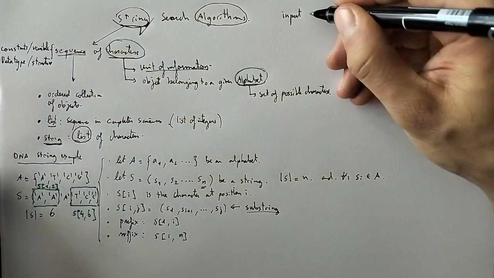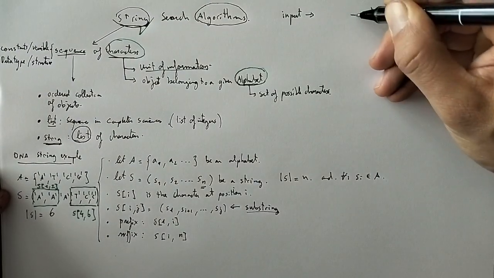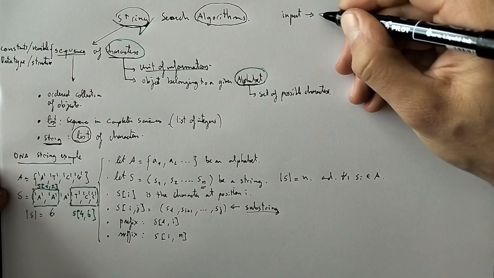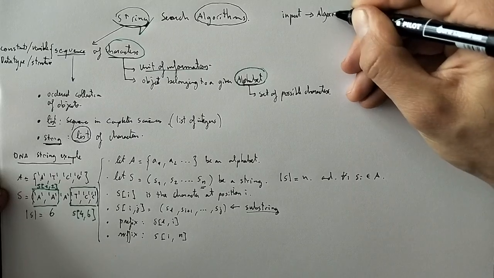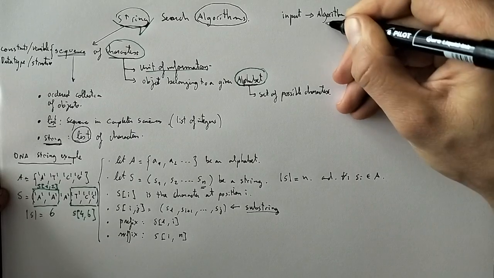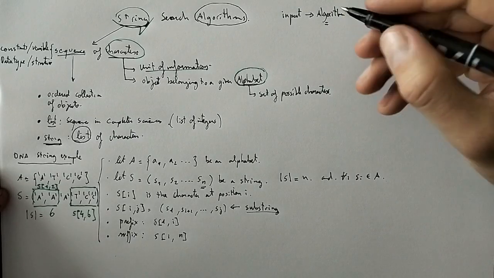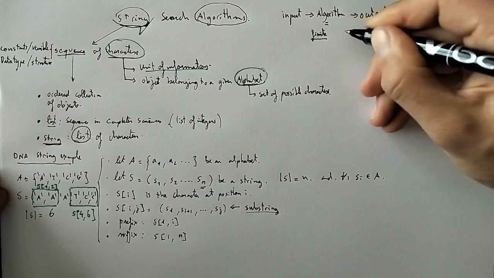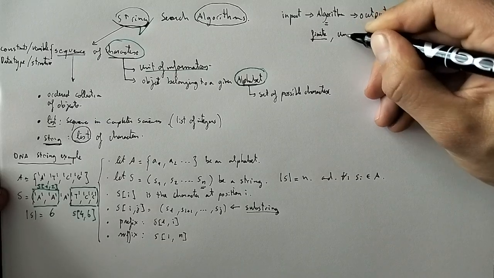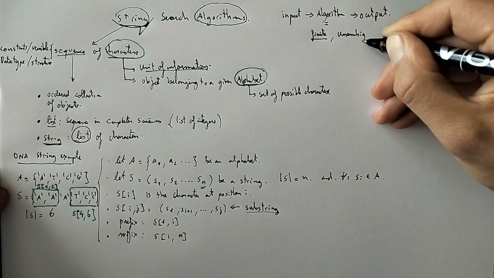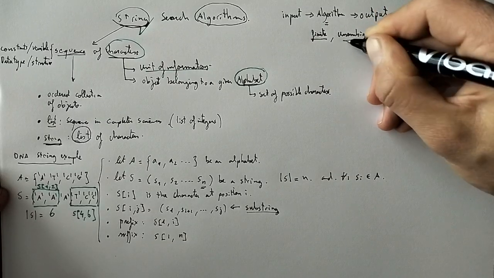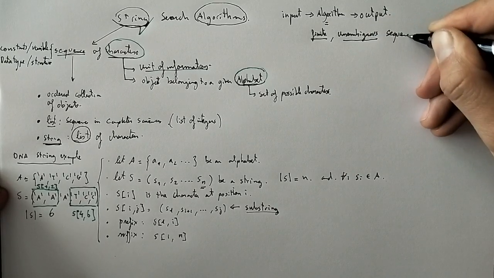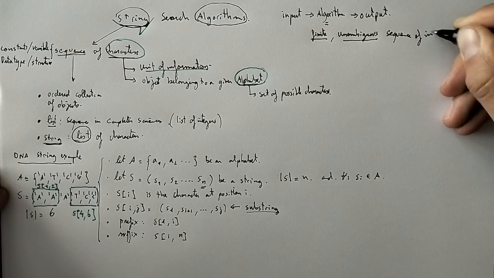The thing that is going to allow us to go from this input to this output will be the algorithm. That can be defined simply as a finite and unambiguous sequence of instructions.